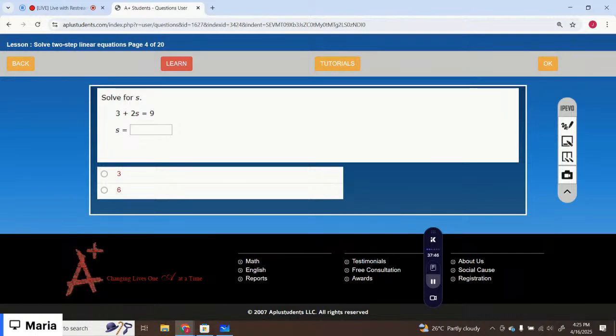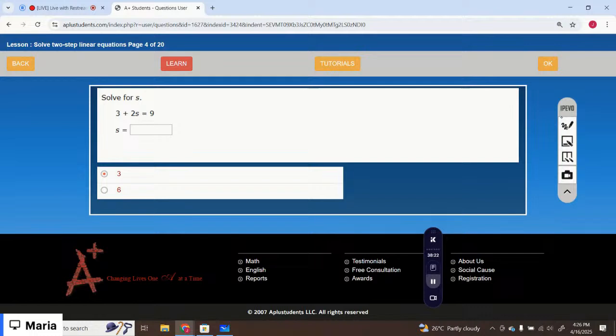Solve for S. 3 plus 2S equals 9. Option number 1 is the correct option.